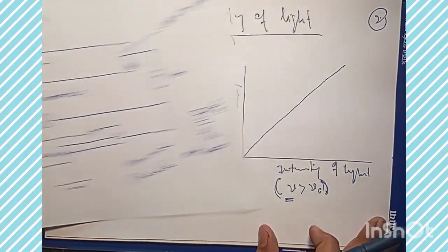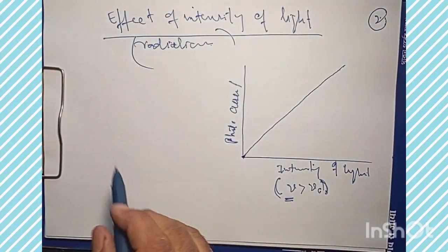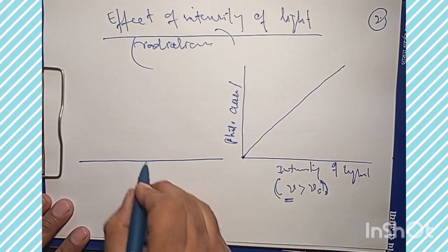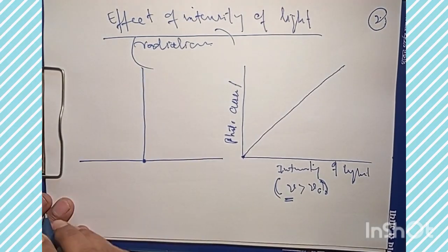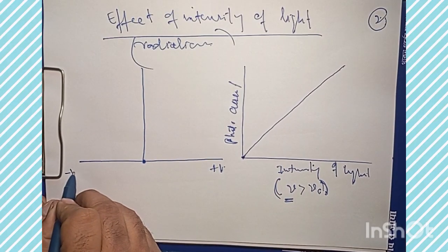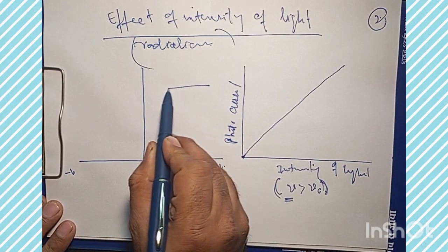What we observe in this case is something like this. This is the potential. Let me choose this as origin, and this is my y-axis, and this is my positive V, and this is my negative V, and the outcome comes something like this.